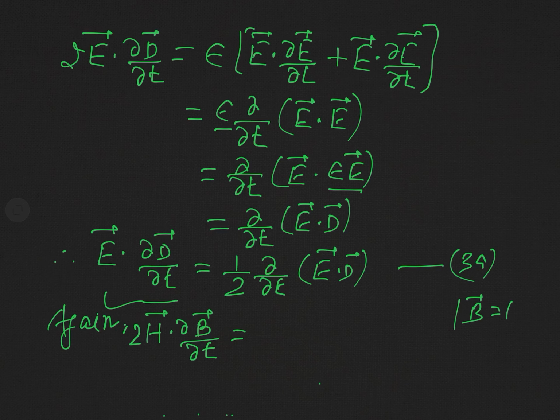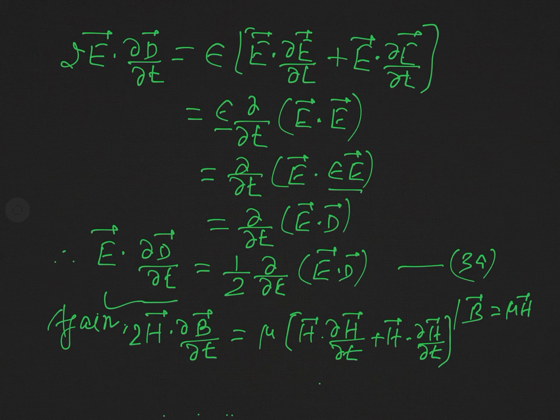And you know what is this B? B is actually equal to mu H, and mu is constant, so we can write it as mu into H dot del H by del T plus H dot del H by del T.